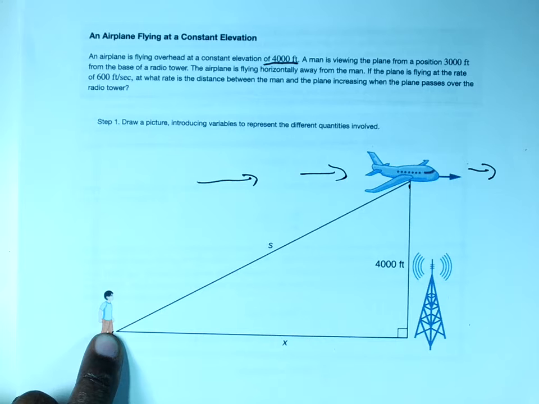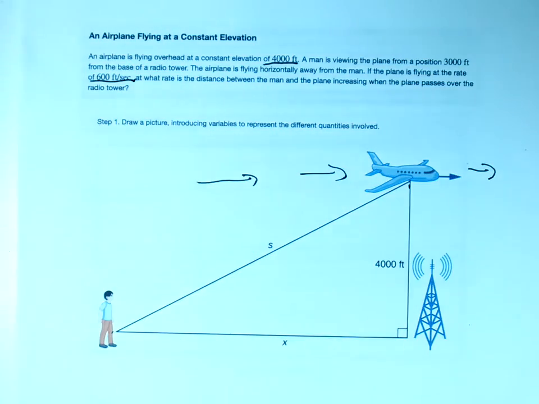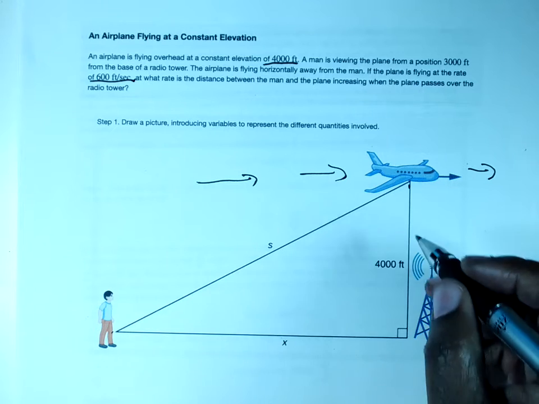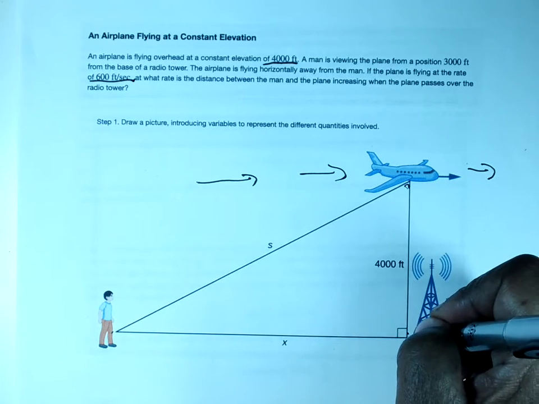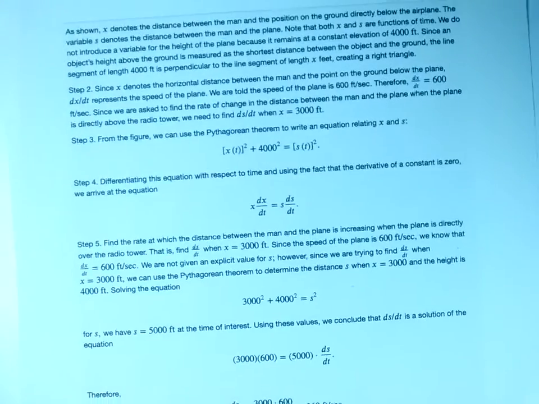So we want to know if the plane is flying at a rate of 600 feet per second, at what rate is the distance between the man and the plane increasing when the plane passes over the radio tower. So when it's straight over the radio tower, we can see we have a right triangle, and we can use the Pythagorean theorem for that. A squared plus b squared is equal to c squared. So that's how we're going to start off.